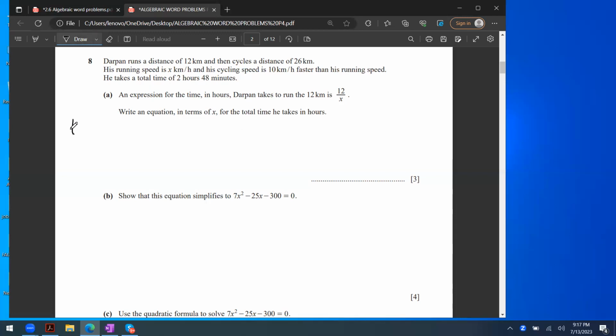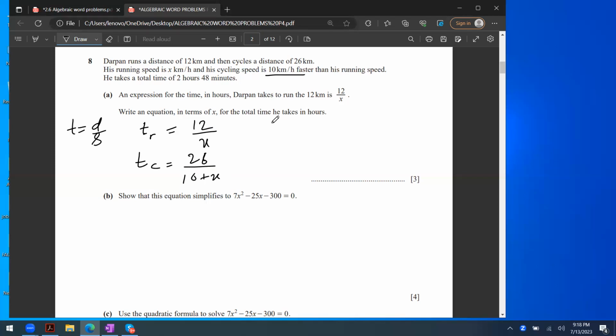Time is equal to distance over speed. So time for running will be distance 12 over speed x, and time for cycling is distance 26 kilometers and speed 10 kilometers faster than running, so 10 plus x.